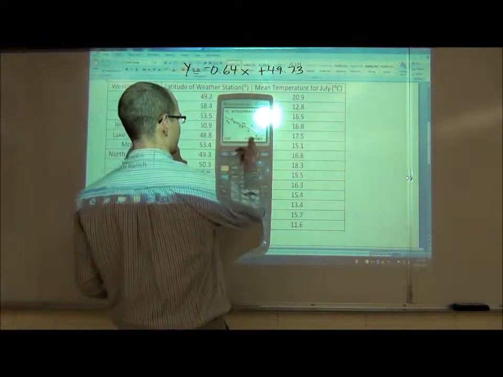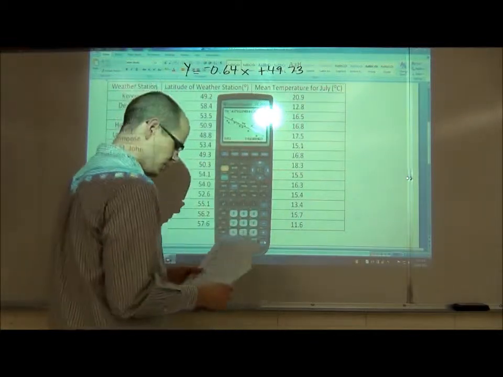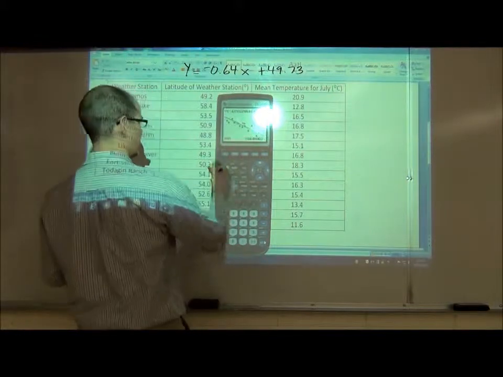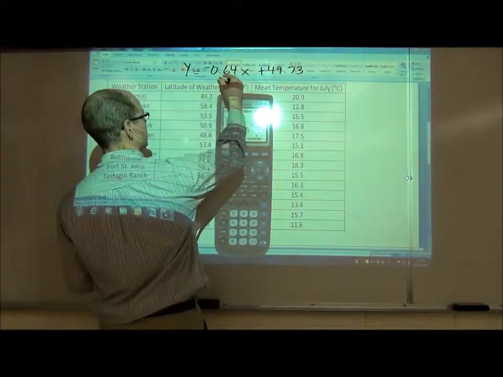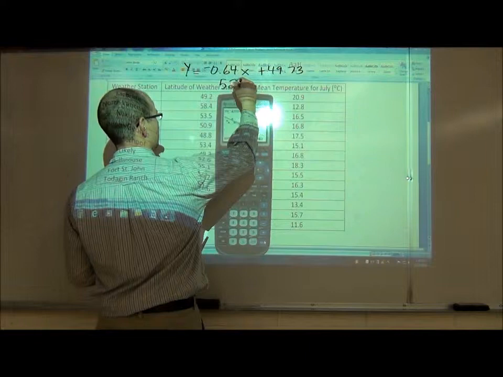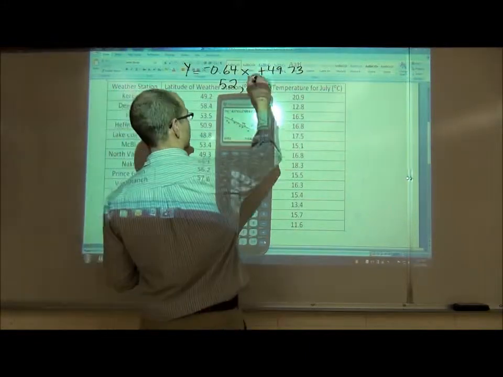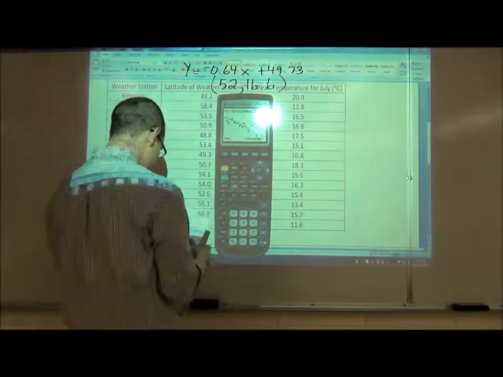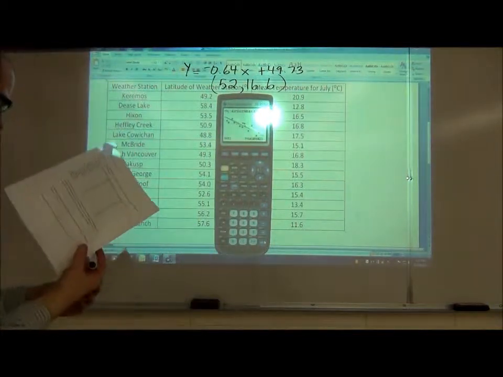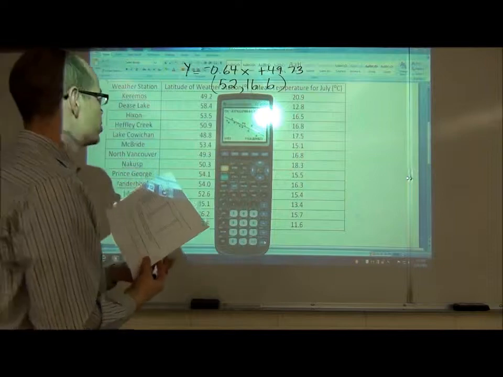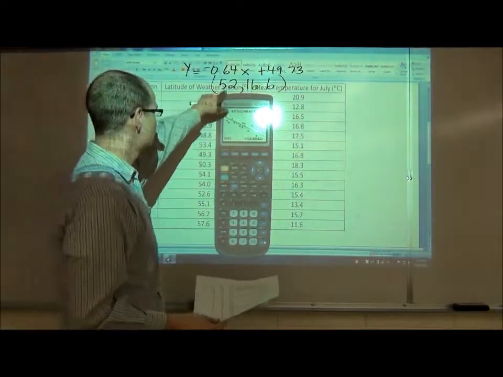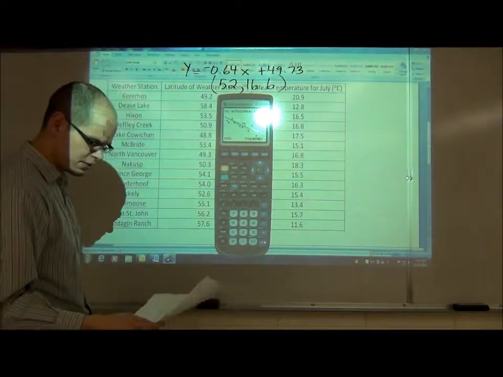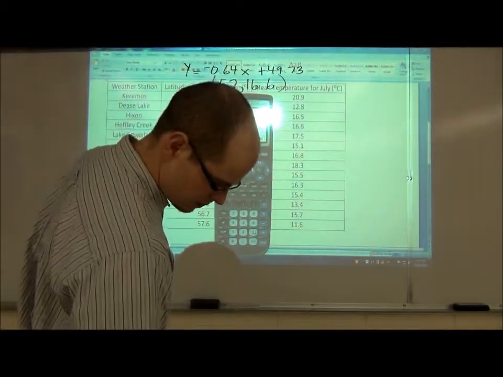The calculator tells me that for an x of 52, the y value that goes with it is 16.6. Okay, so for part C, when x is 52, y is 16.6. So in English, if the latitude is 52 degrees, the temperature should be approximately 16.6 degrees. So the answer for C would be 16.6 degrees.